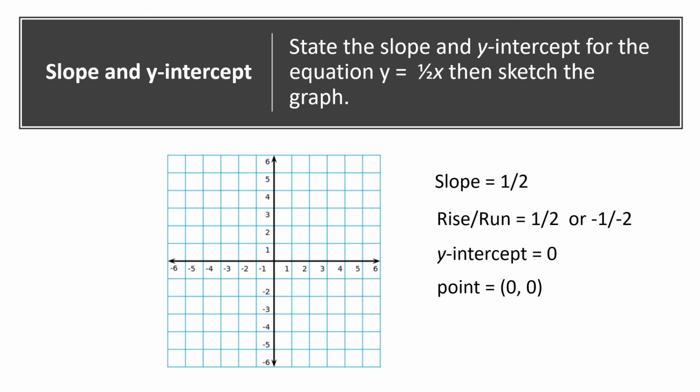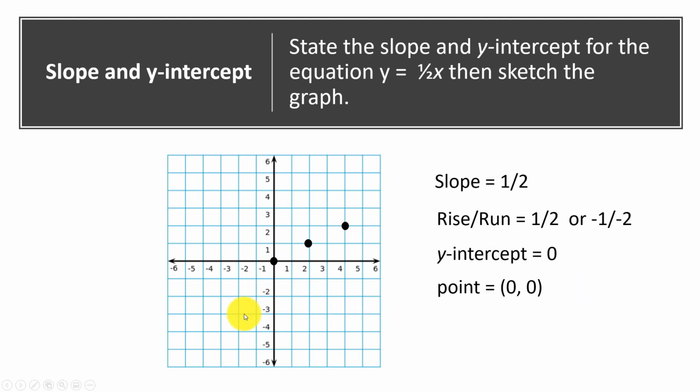That's where we first graph (0, 0), and now we use our slope. Rise 1, run 2. That means I go up 1 and then to the right 2. There's our point. Rise 1, run 2.